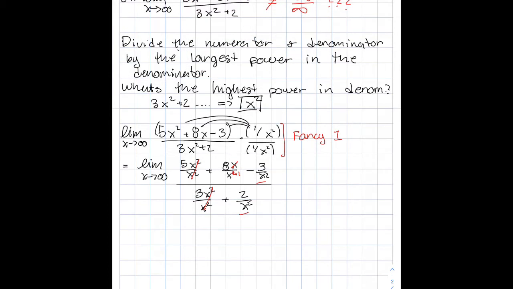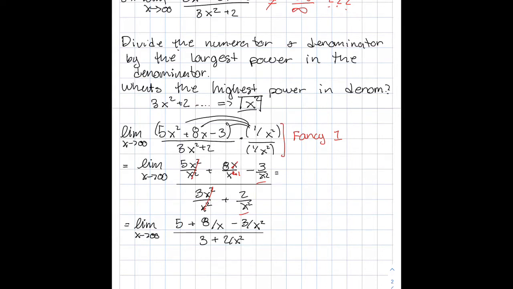Alrighty, so we have equal to 5 minus 8 divided by x minus 3 divided by x squared, divided by 3 plus 2 divided by x squared.